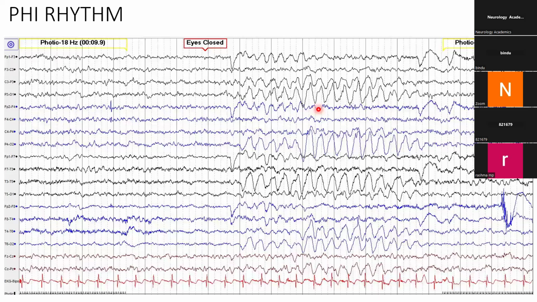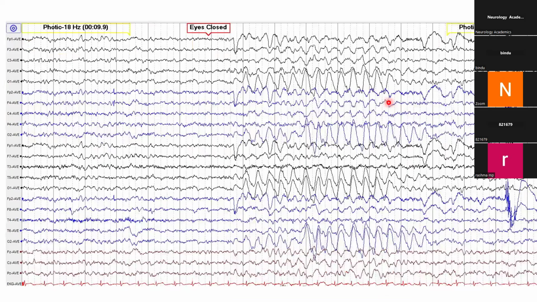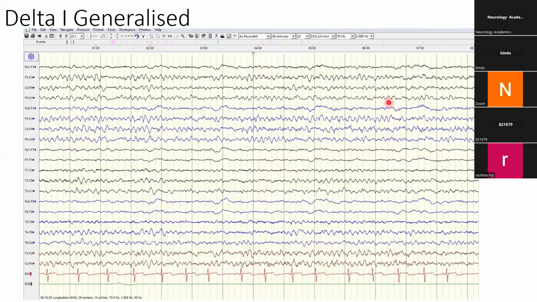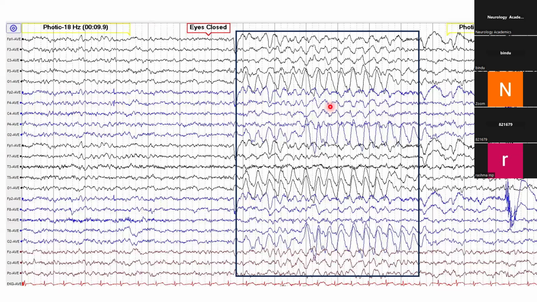The same is seen in the common average also. This phi rhythm is physiological, and it is thought to be a forerunner of occipital intermittent rhythmic delta activity.